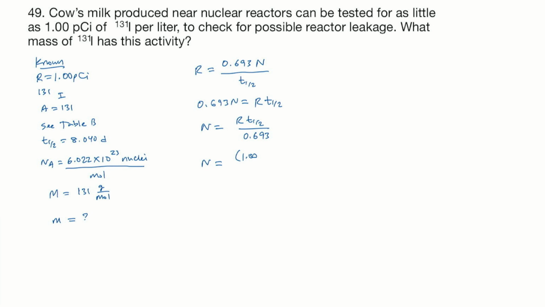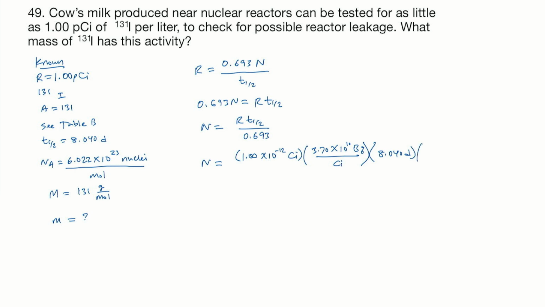All right. And so the R, 1.00 picocuries. Let's swap out the P for a times 10 to the minus 12. Now we have curies. Okay. There are 3.70 times 10 to the 10 becquerels per curie. And then the half-life we found was 8.040 days.